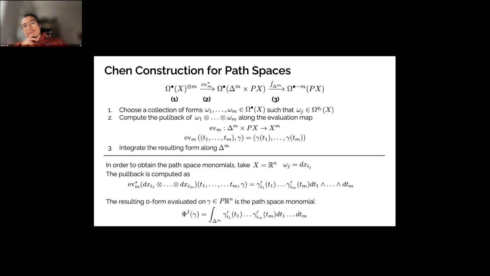So what we want to do is to use this construction to give us a generalization of this path signature. And now the main thing that we need to generalize is this evaluation map. How do we define something like this evaluation map when we don't just have paths?